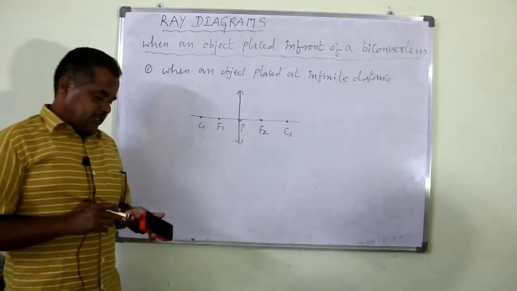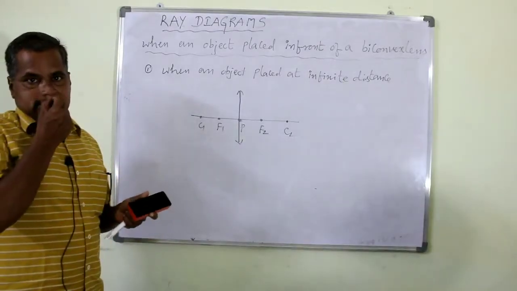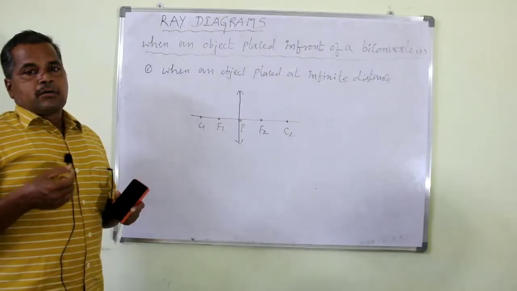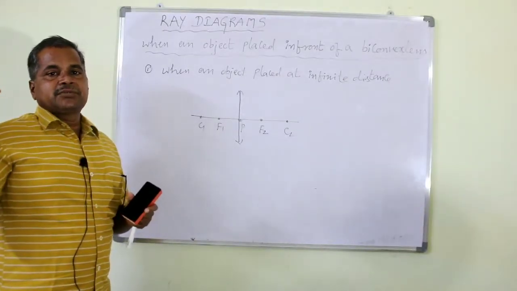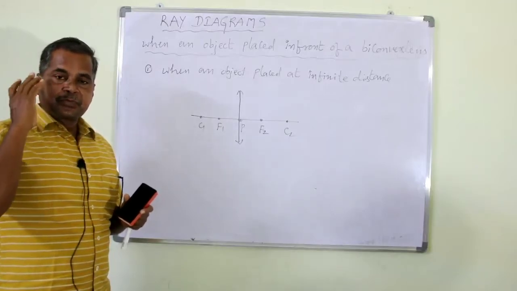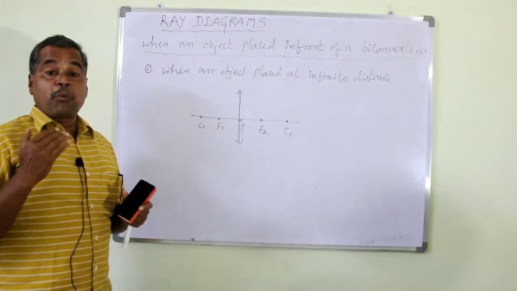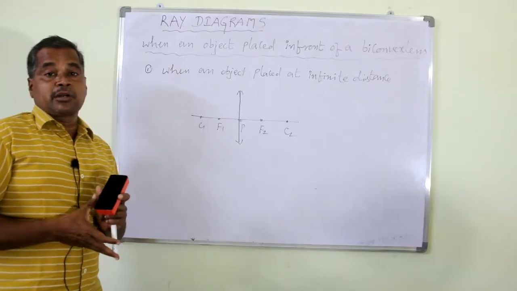For example, any object which exists at infinite distance to the lens, what happens? The light rays which come from the object must be traveling parallel to the principal axis. How can we conclude this?